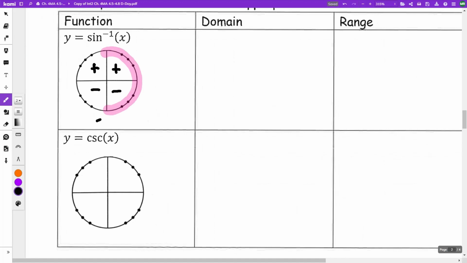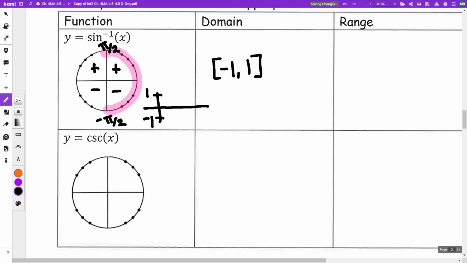And when I say that, this down here is a negative pi halves. This up here is a positive pi halves. Okay. Now, my domain for this is going to be from -1 to 1, because on my normal sine graph, my maximum is a 1, my minimum is a -1.